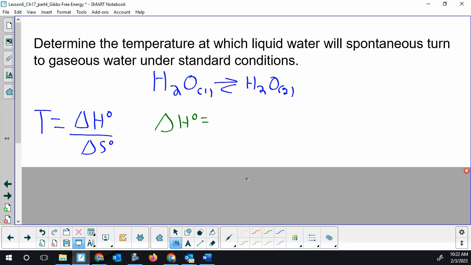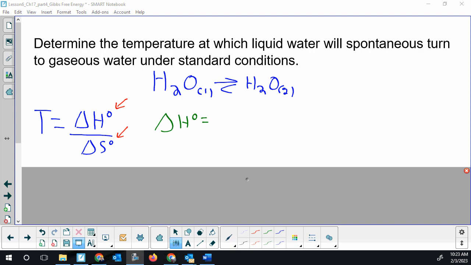I put in no system or surroundings, so we need the system in both cases. I didn't give any other data with this question, so we're actually going to predict both. Let's start to set up the first prediction. We can solve for the change in enthalpy of the system, and we can solve for the change in entropy of the system.